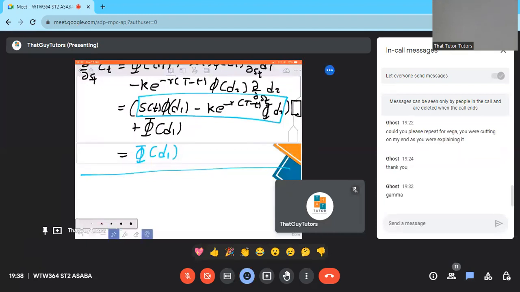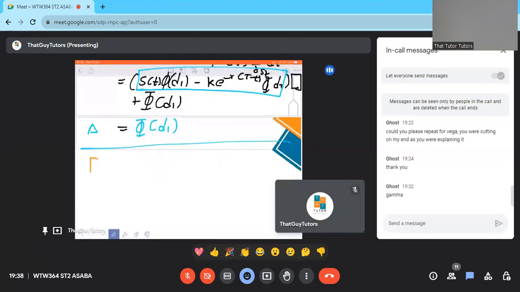So gamma is going to be the derivative with respect to ST of the delta of the call. So you would have the standard normal density of d1 times the derivative with respect to ST of d1. And then you would have this d1.